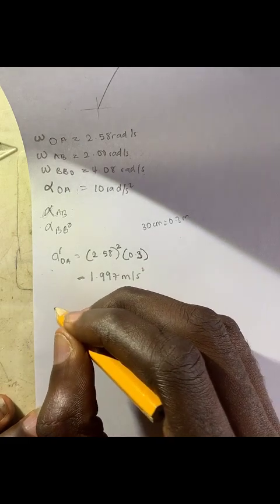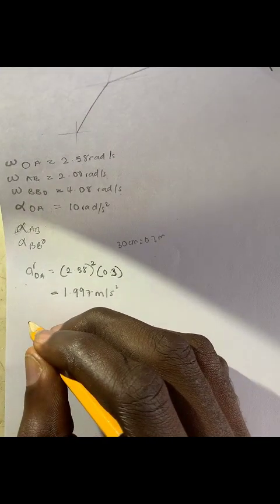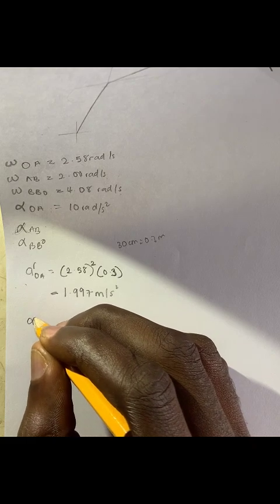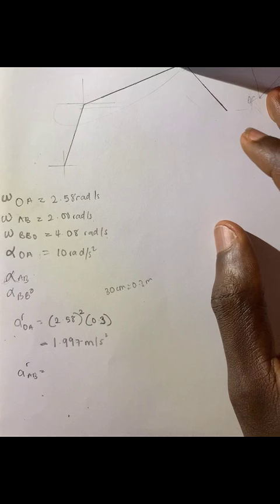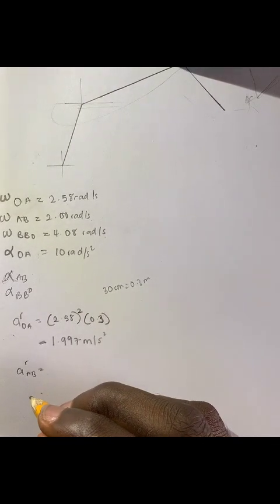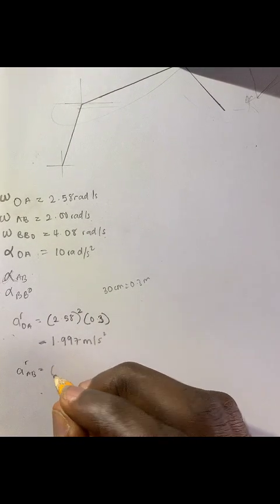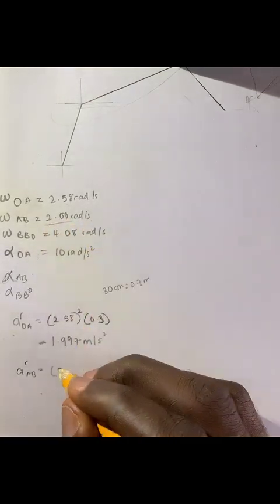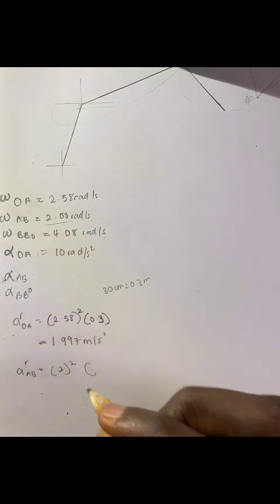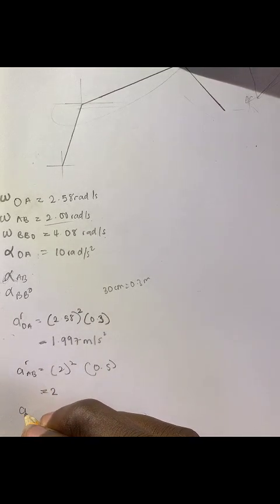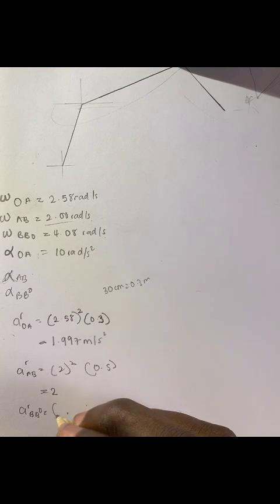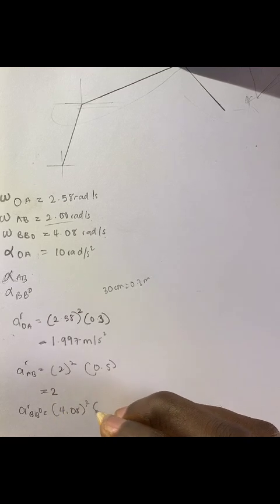Now I also have to get my AR of AB. From the question, the omega for AB was 2 squared times the radius 0.5. For BB naught, that's 4.08 squared times 0.3.